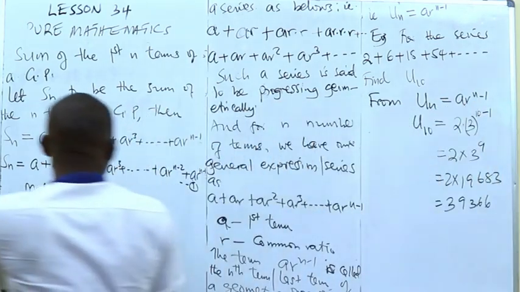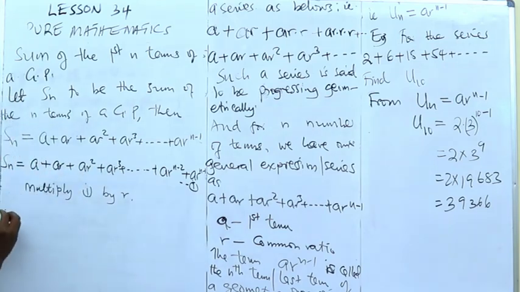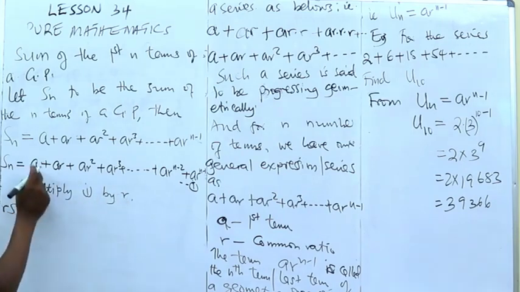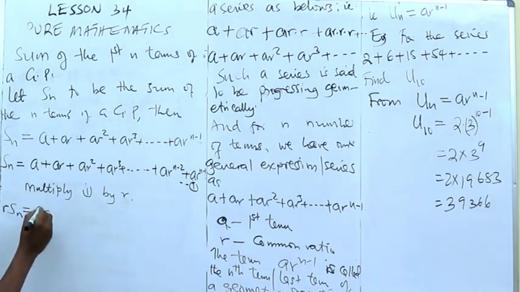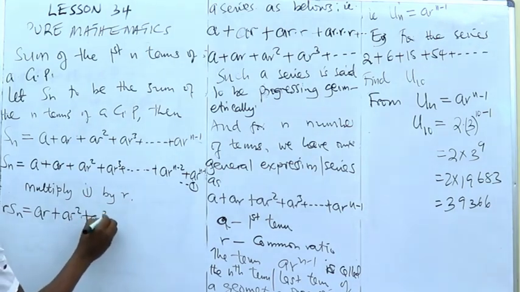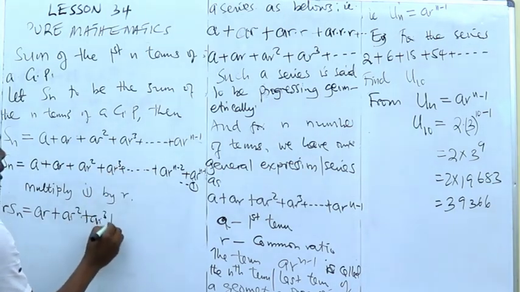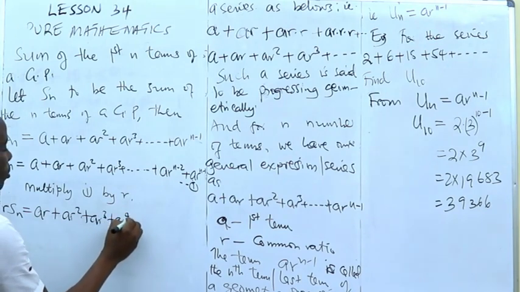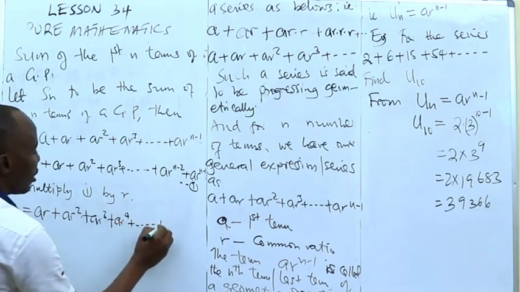So if I multiply this here, I'll end up with R Sn. R multiplied by Sn, I will get this is equal to, if I multiply here, this one gives me AR. If I multiply this one gives me AR squared. If I multiply here, I'll get AR cubed. If I multiply here, I'll get AR to the power 4 plus.